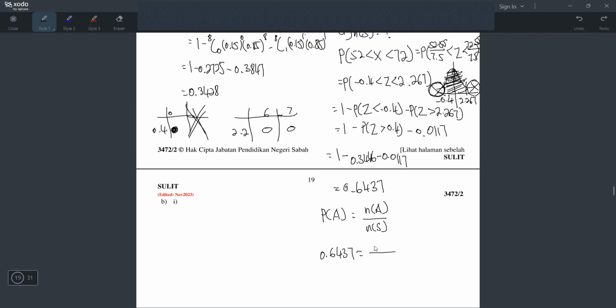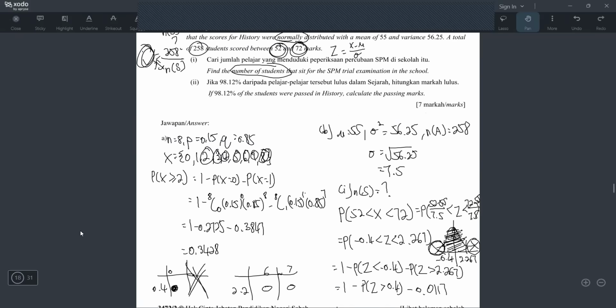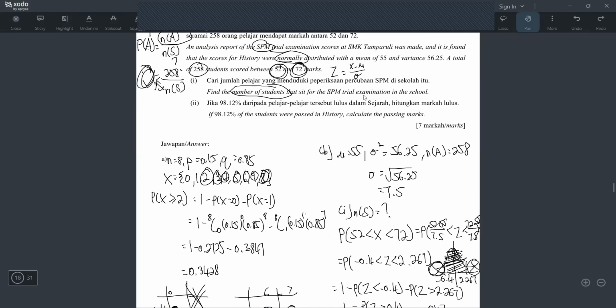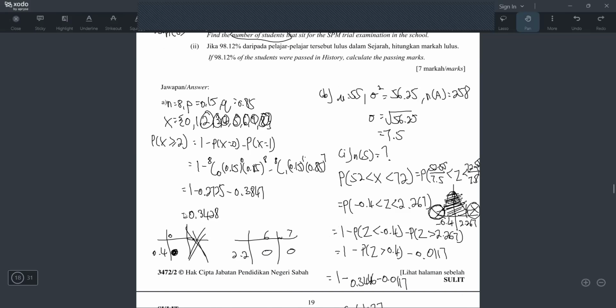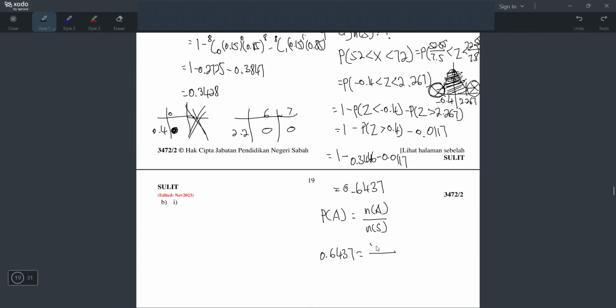So in the formula, on top I have to write the number of students that scored between 52 and 72, which is 258, because they mentioned it already. 258 students scored that, and I even labeled here already. 258 is the n(A). And then now I can find the n(S), which is the total. How do you find it? You just move this one up, becomes multiply, and the 0.6437 will go down, becomes divide. So now you press 258 divide 0.6437. So it will be 400.80, which is 400.81.